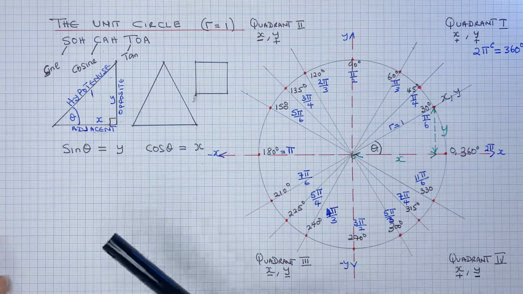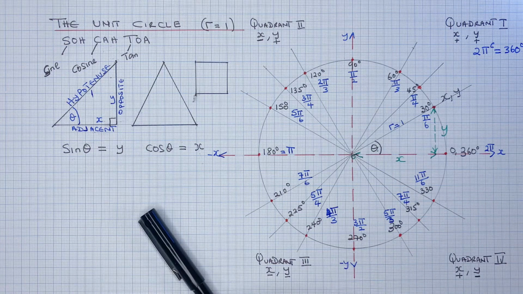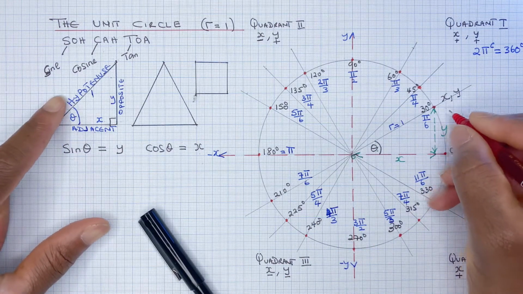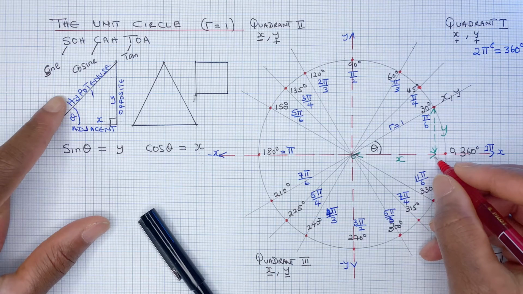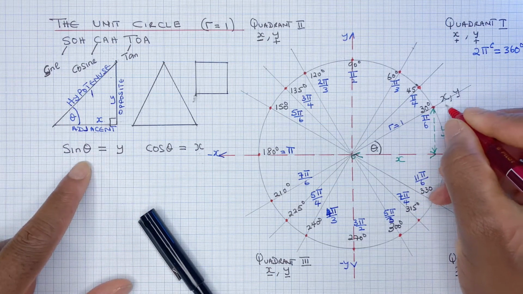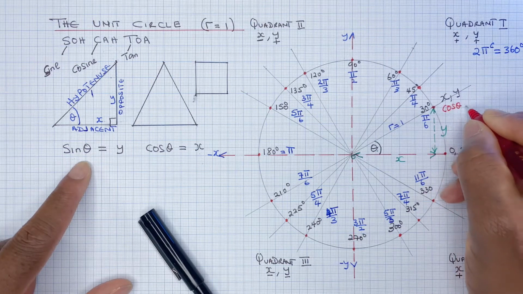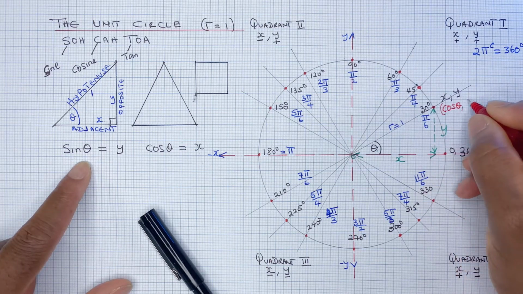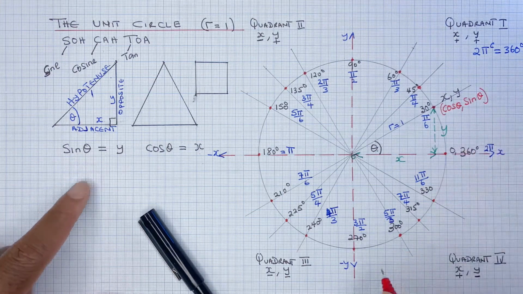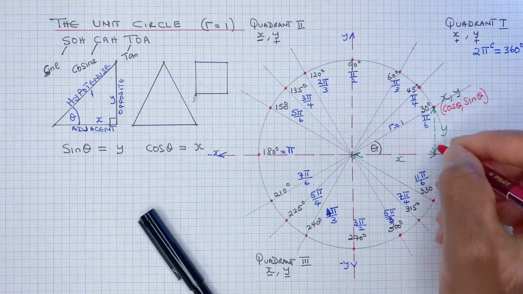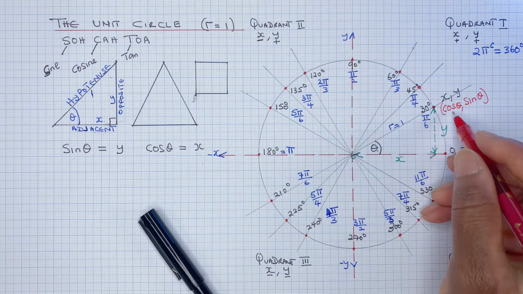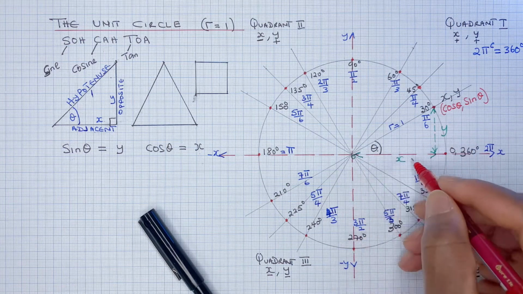So the cosine describes the x value and the sine describes the y value. The x value is cos of an angle theta, and the y value is sine of an angle theta. So the sine describes the vertical position, and the cosine describes the horizontal position.